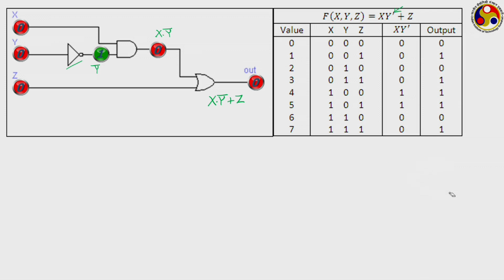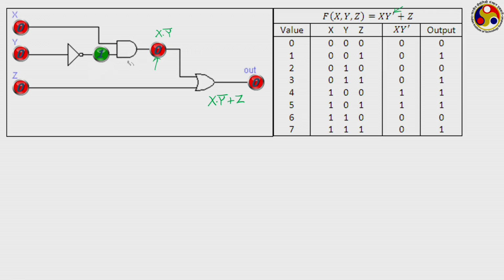So, you can have the truth table now for combining all 3. When X, Y and Z are all 0, then because of this NOT operation, Y is becoming 1 here, and then 0 and 1 going to the AND gives a 0 output. The OR also gets Z as 0, giving a 0 as the final output.